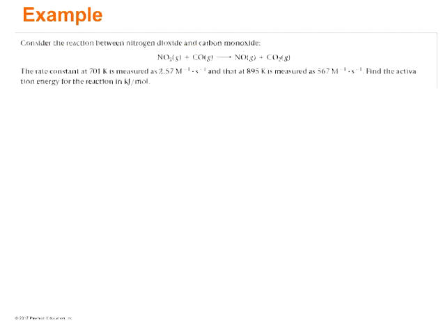Okay, so maybe first, let's just list out what we know. So we have an initial temperature of 701 Kelvin and an initial rate constant of 2.57 inverse moles per liter per second.